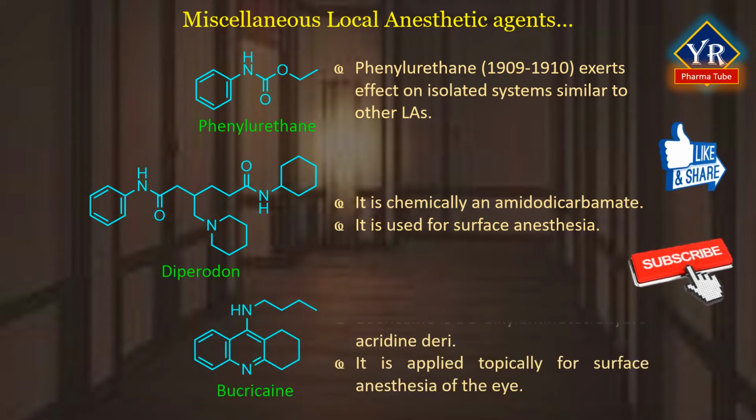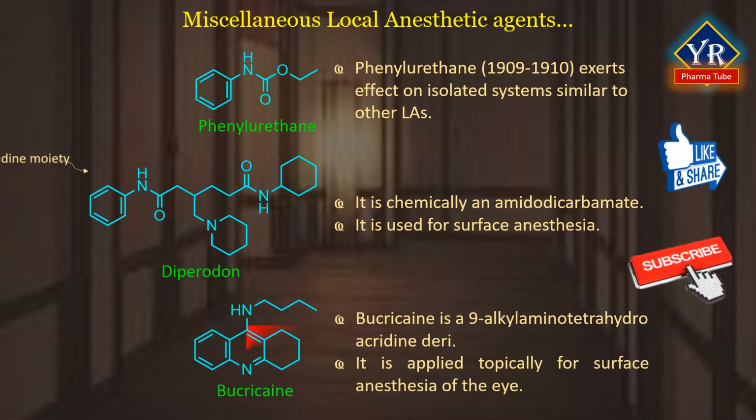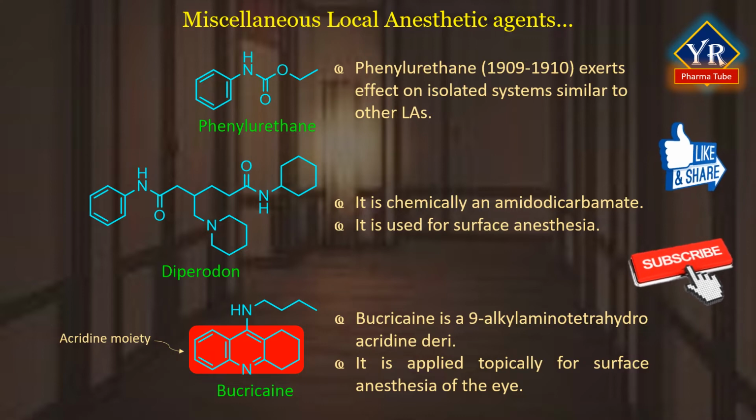A drug Dibucaine was discovered in India, which is a 9-alkylamino tetrahydroacridine derivative, and perhaps it is the first agent of a non-ester, non-amide group bearing molecule exhibiting a high order of local anesthetic activity. Dibucaine exists as a base or the hydrochloride. It is applied topically for surface anesthesia of the eye. It can be given by injection for infiltration anesthesia, peripheral nerve block, and spinal block anesthesia.